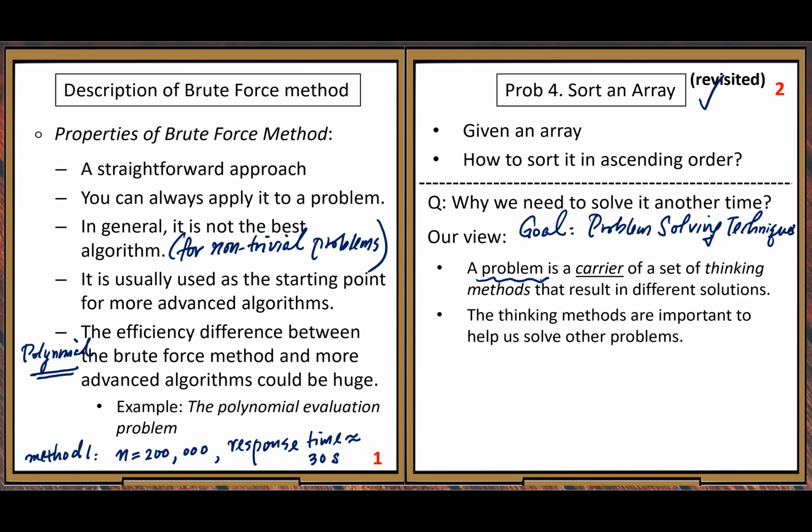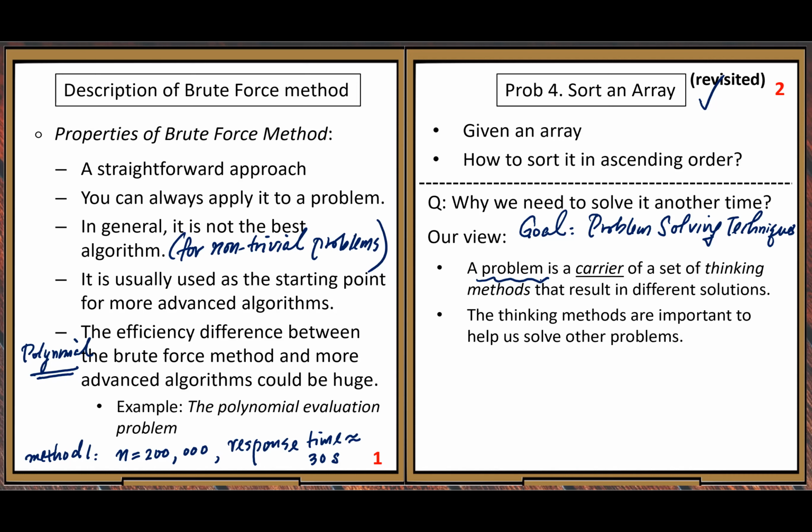The thinking methods are important to help us solve other problems. Because after we learn these 6 algorithms, they belong to our experience, right? Later, in our real world applications, we have this experience.